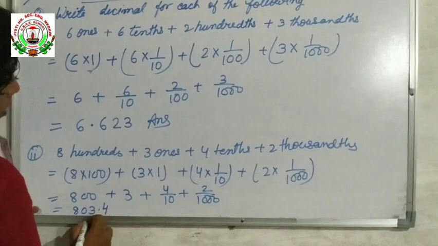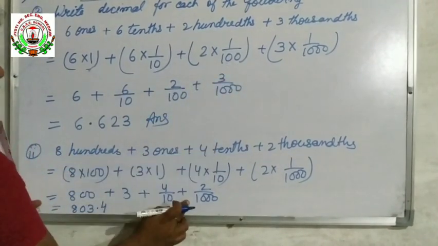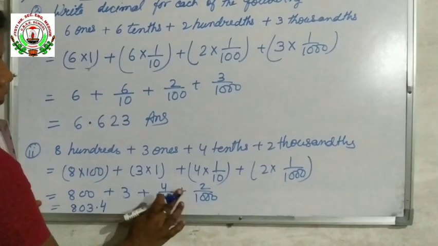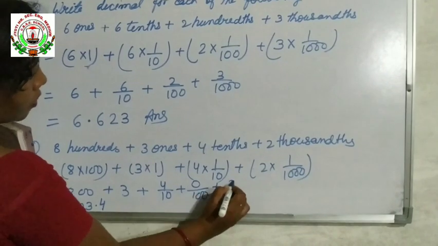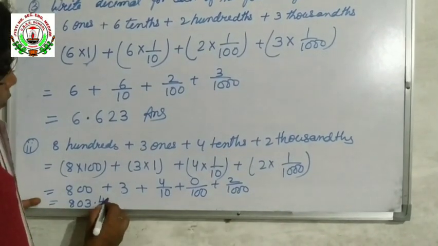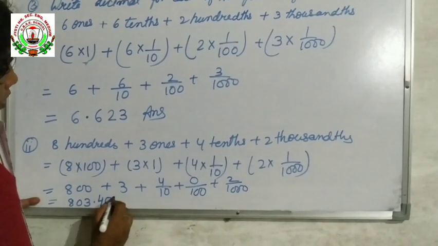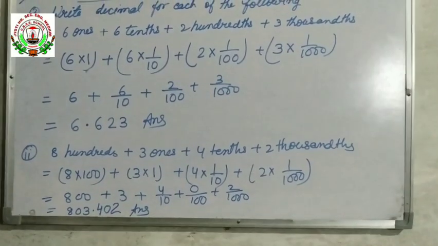So 4 will be written here. Systematically after 10, 100 will come, but 100 is not given here. So one step what you can do, here you can write 0 by 100. Then you can write 2 by 1000, because 0 by 100 is 0, so you will put here 0, then 2 by 1000 it is 2. So this is the answer. It is a decimal form.